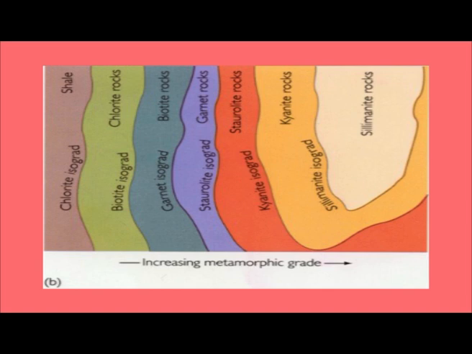This concept has been found very convenient in tracing the progress of metamorphism in a given region. Isograde equals a line to indicate the same grade of metamorphism, the first appearance of minerals with increasing metamorphic grade.